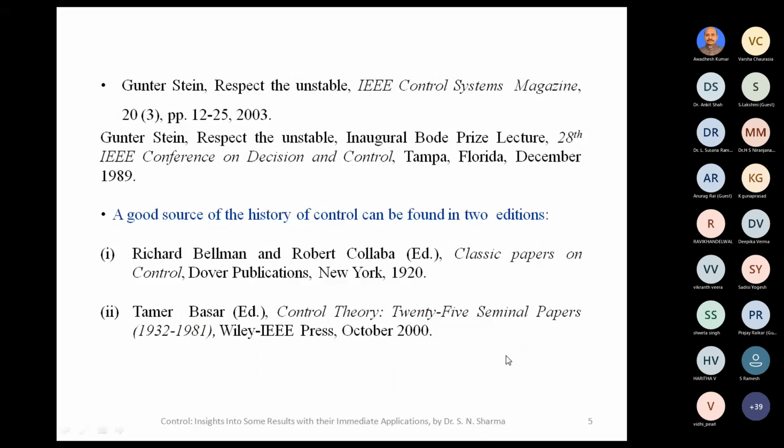Gunter Stein wrote in the IEEE Control Systems Magazine, and magazine and transactions are different. Transactions are for those doing research, who publish new results on a specific problem. Analytics is too much, experiments are too much, originality is too much.